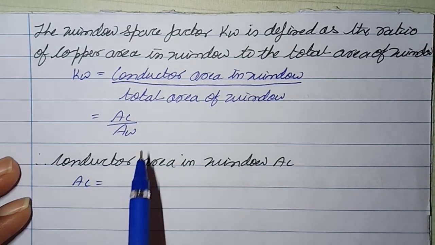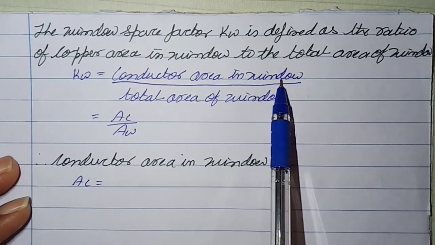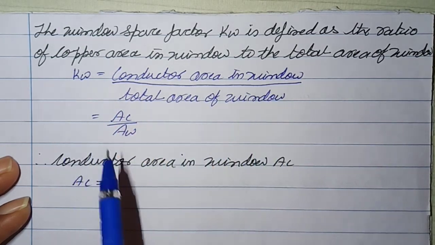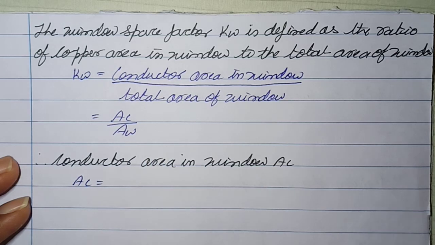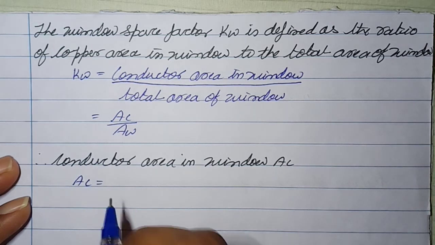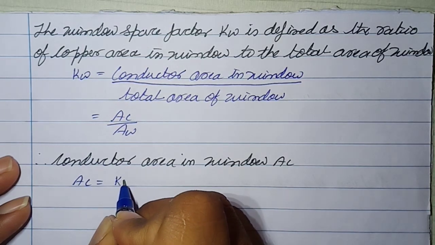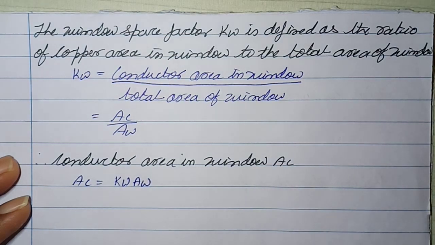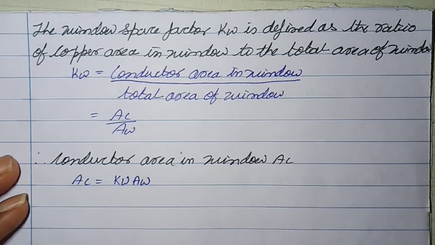So KW will be equal to conductor area in window divided by total area of window, which is AC by AW. So with this we can get the relationship for AC, which is equal to KW into AW. This is the equation we get for AC.